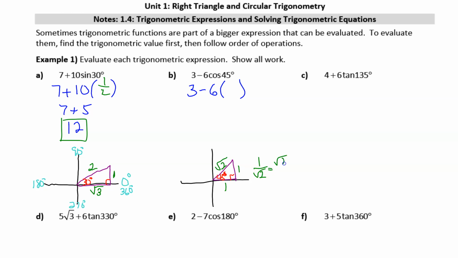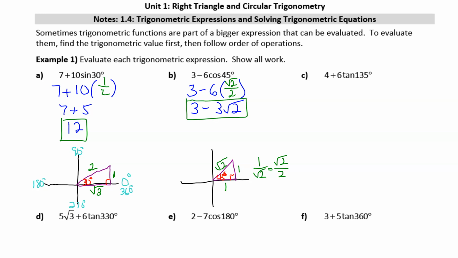That will need to be rationalized as square root of 2 over 2. After replacing cosine of 45 with that value, we need to multiply by 6. And since one term is multiplied by a radical, they are unlike terms and cannot be combined.